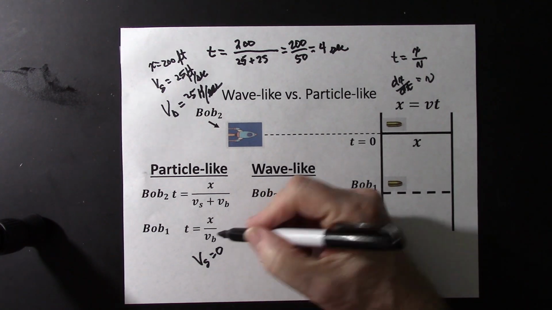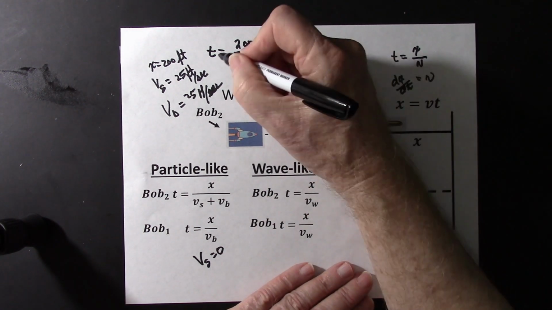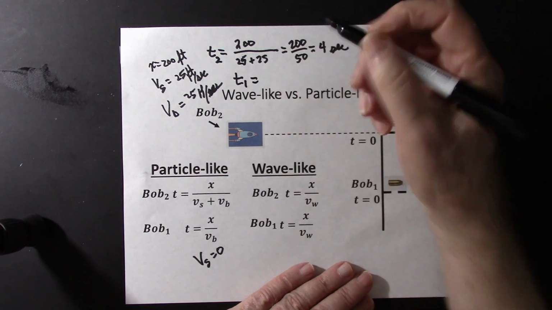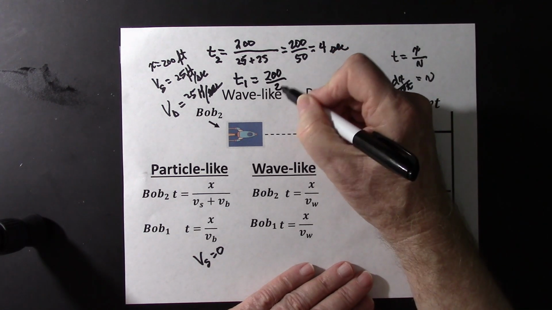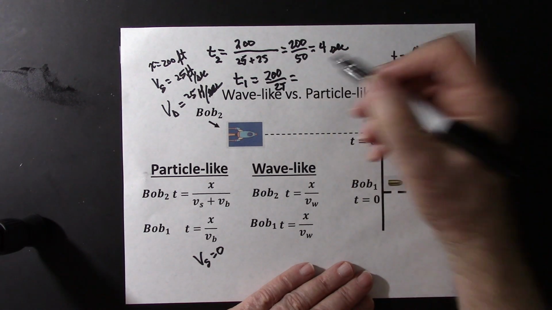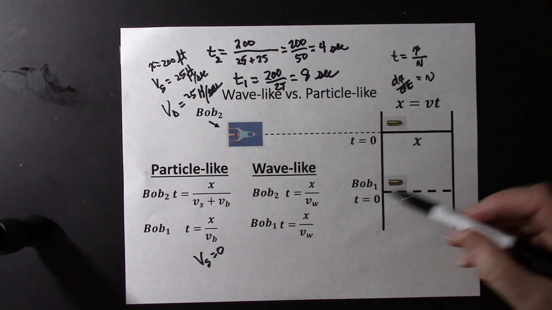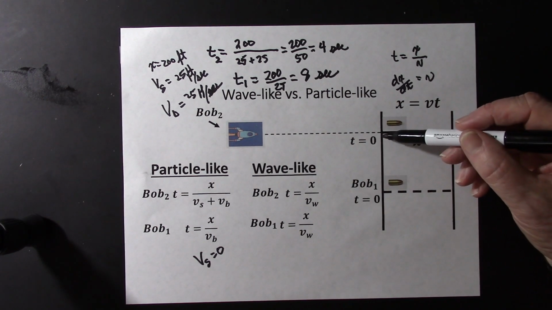So we just divide by the velocity of the bullet, and that would be t. So this is Bob 2, this is Bob 1. That would be 200 over 25, which is equal to 8 seconds. And so it would take twice as long for Bob 1's bullet to go from here to here as it would for Bob 2's bullet to go from here to here.